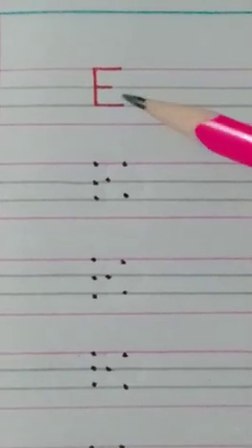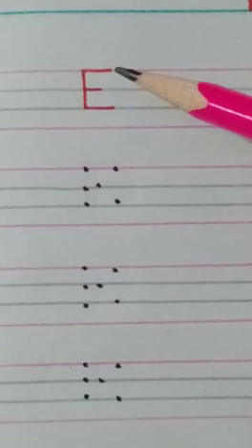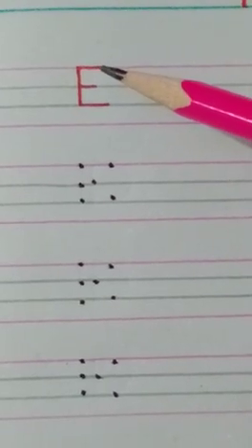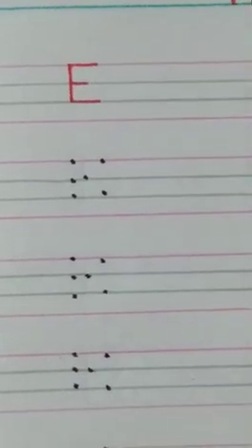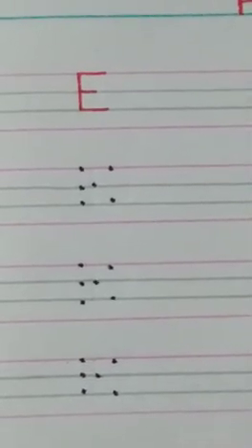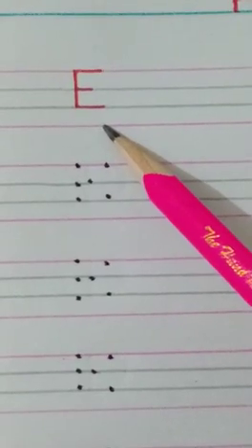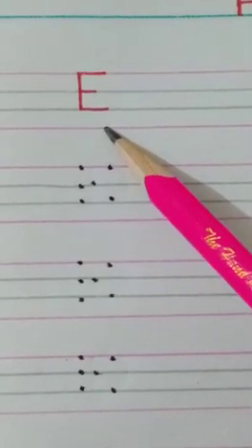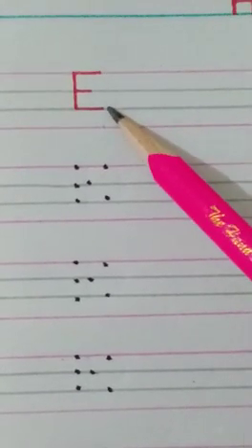Now let's have a look. This is written 1, 2, 3. Within 3 lines, I have written the letter E, and the fourth one is empty. So you have to use these 3 lines 1, 2, and 3.